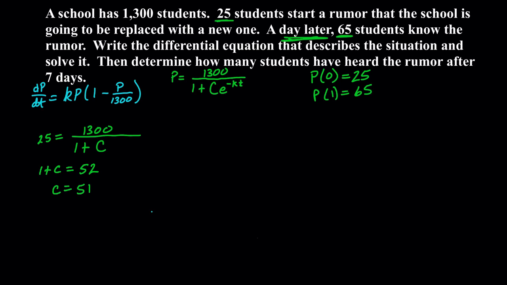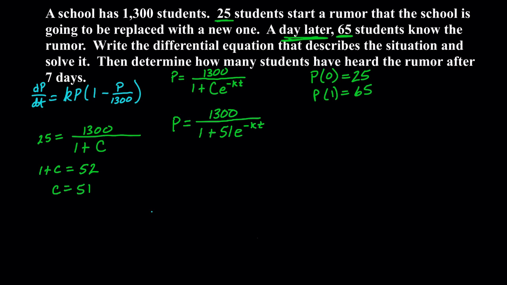51. I can now plug in the value of C, which is a constant, so it's not going to change depending upon anything. It's always going to be 51. So we're going to have 1,300 over 1 plus 51 e raised to the negative kt. Now we want to find the value of k, that constant, in this problem.